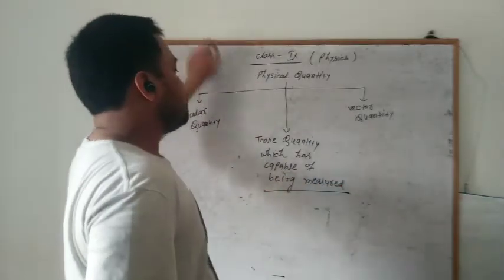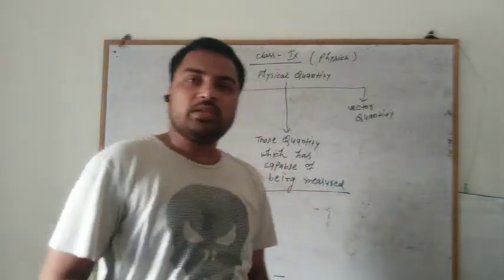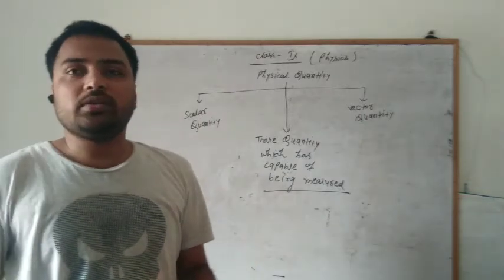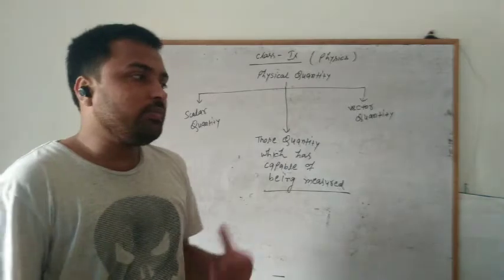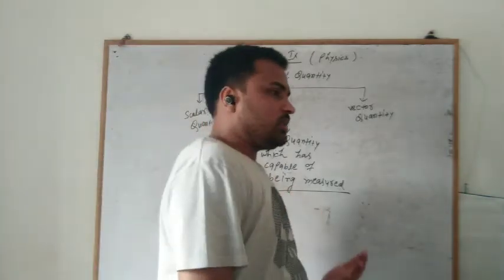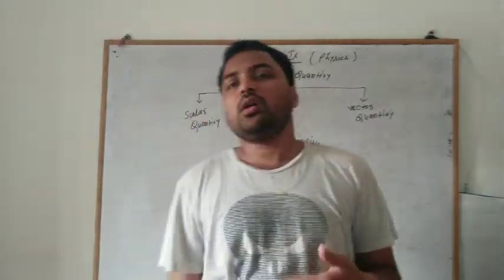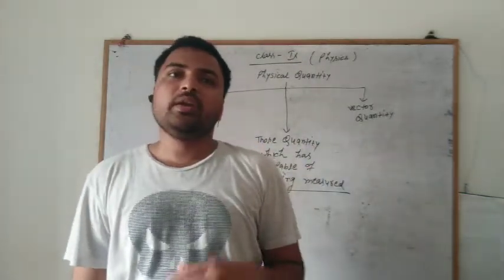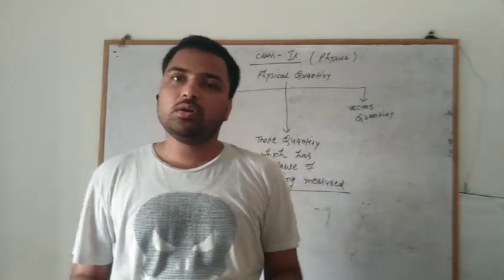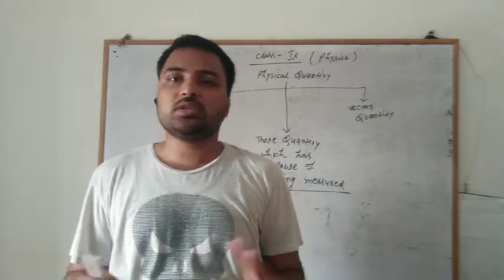So those quantities which are capable of being measured, that means those quantities which can be measured, are known as physical quantities. Okay, a physical quantity will always be represented with a number followed by its units. A simple number is meaningless in physics.